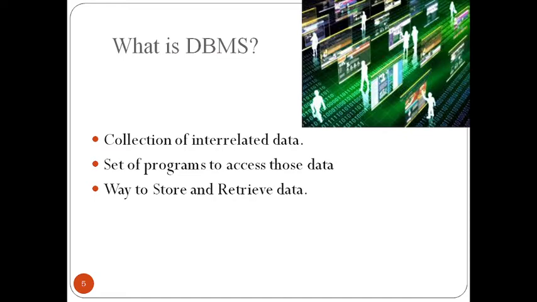When we store data in electronic devices, we need to write some code, some programs, to access that data. The collection of these two, the programs and the data, is combinedly called a database management system.